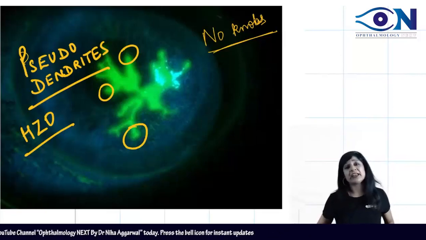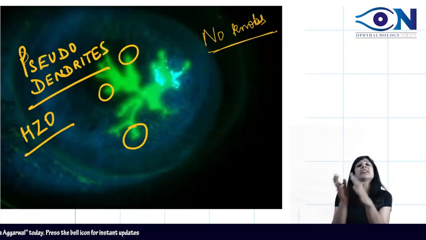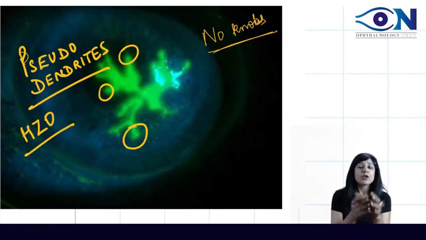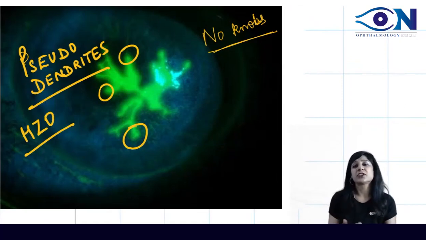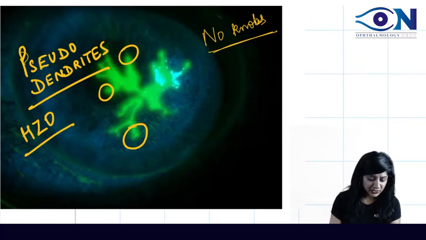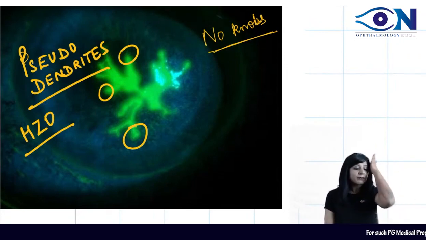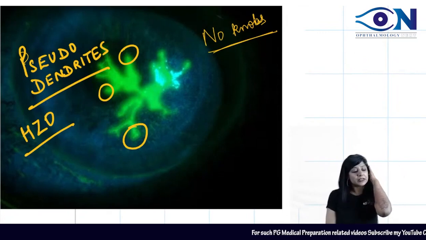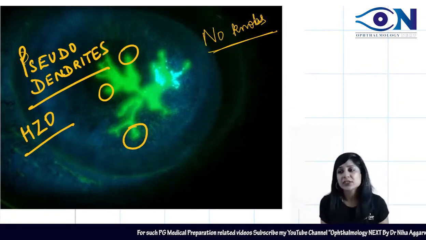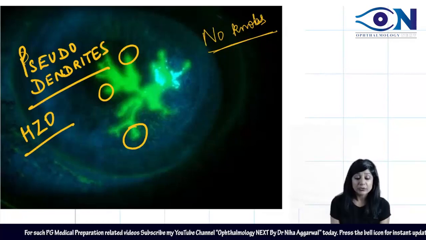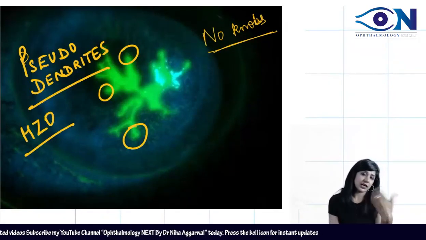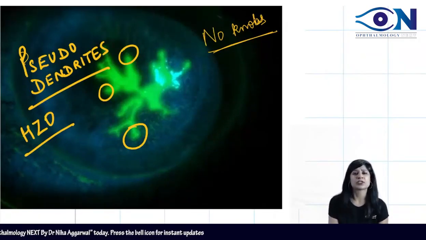Now, like the dendritic keratitis was characteristic of herpes simplex, what is characteristic of herpes zoster? Anybody? What is characteristic of herpes zoster? Mucormycosis तो बहुत different हो जाएगा. I do not have the picture right now, but in another session I will show you the mucormycosis also.